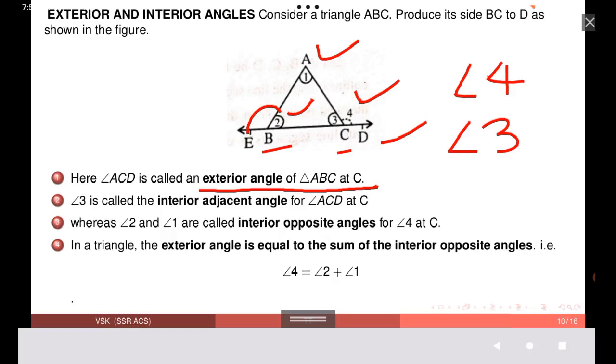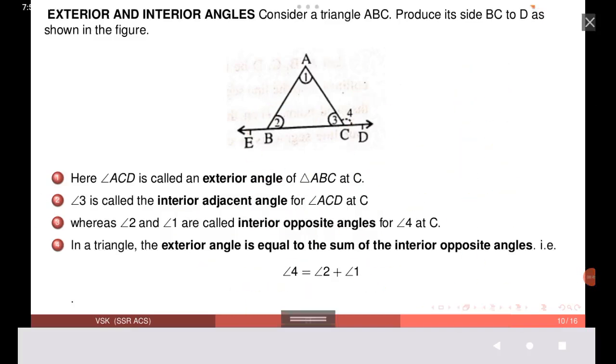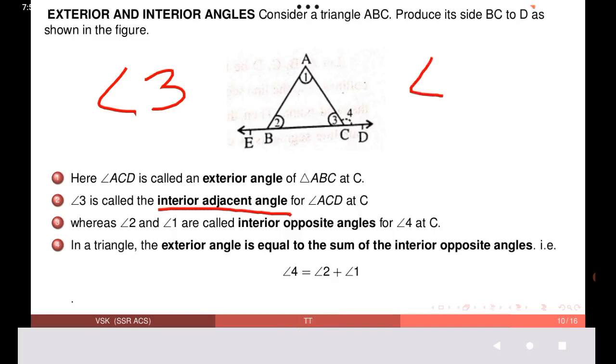And angle 3 is called the interior adjacent angle for angle 4, because this is near to this. This is the interior adjacent angle.